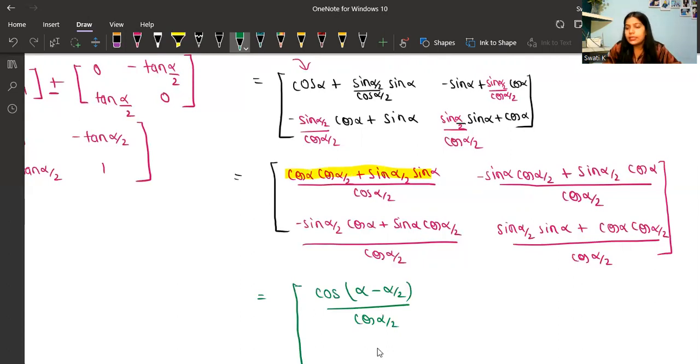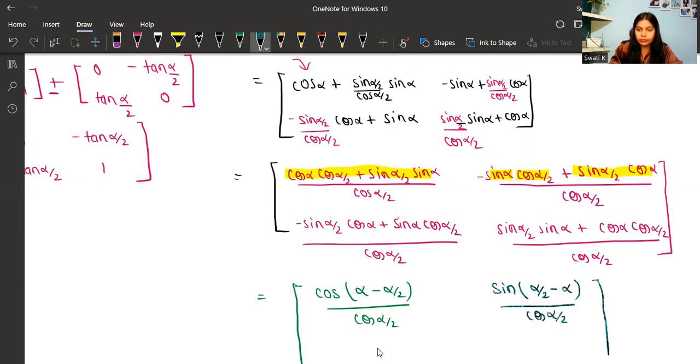Now next, if you just look here, this is sin A cos B minus cos A sin B. This has a formula sin of A minus B. So this will simply become sin of alpha by 2 minus alpha, upon cos alpha by 2. Let's write down the next entry.